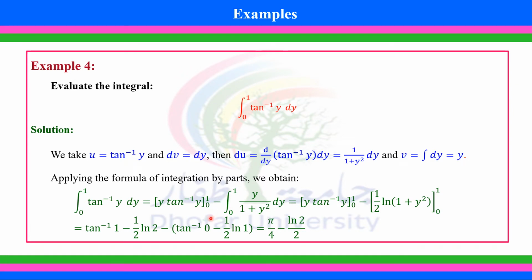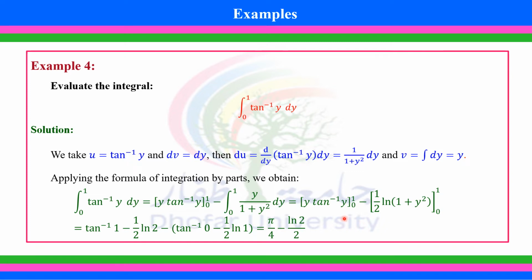This integral is easy to evaluate because we see that the numerator could be the derivative of the denominator if it is multiplied by 2. So if we multiply by 2 and we multiply by half, then this integral is half ln of the denominator, 1 plus y squared. So this integral is given by this formula.